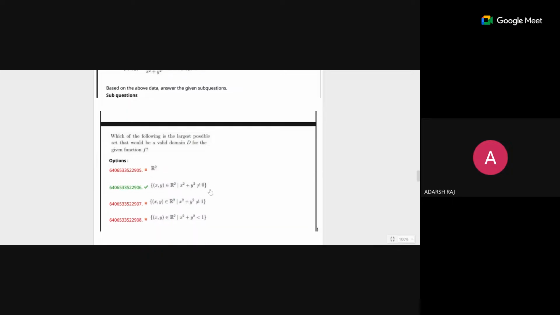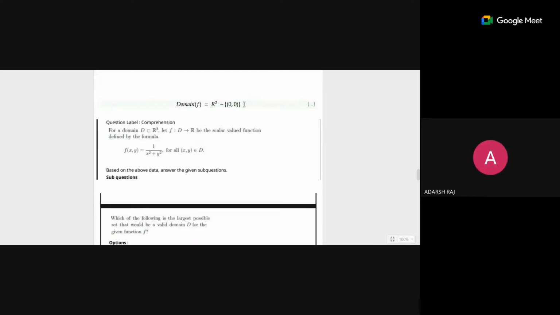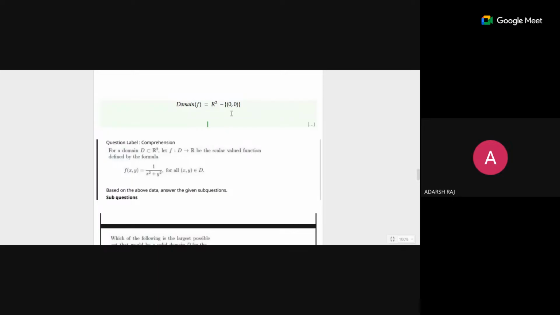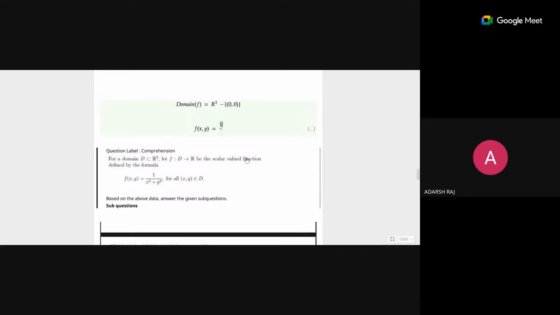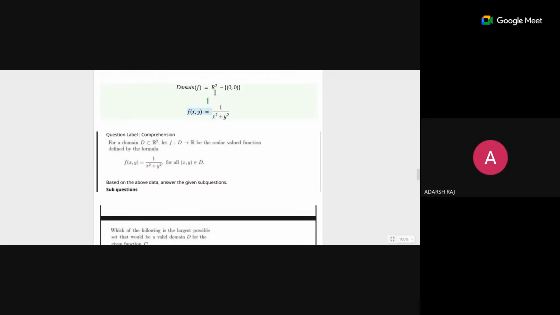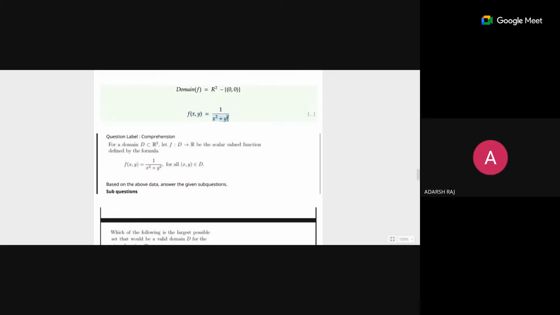Anyone has any doubts in this question? Sir, can you explain how? So this is our function. You are putting the value 0, 0. Yes, if we put 0 comma 0 here, the value of x square plus y square is equal to 0, so the function will be undefined, right?